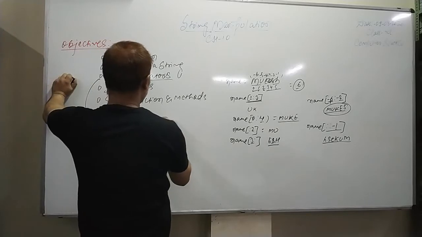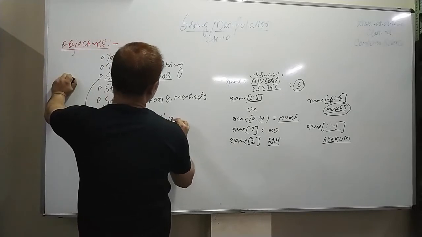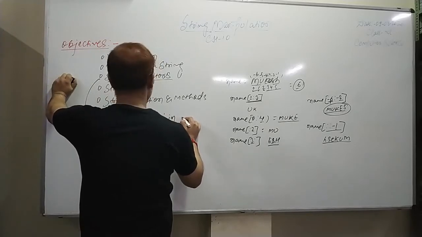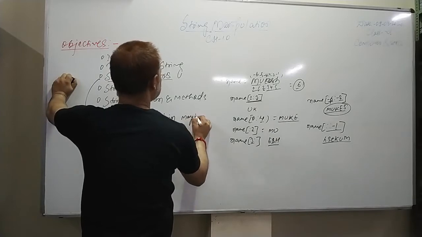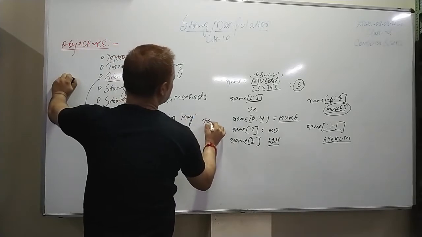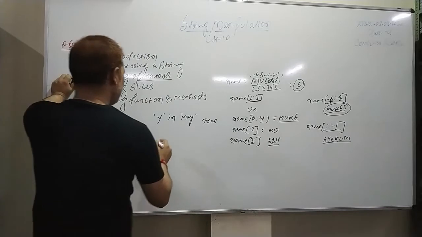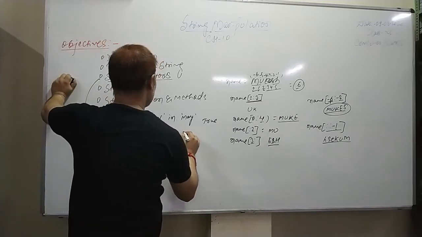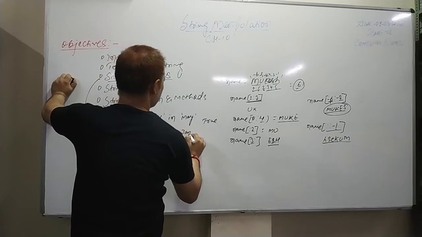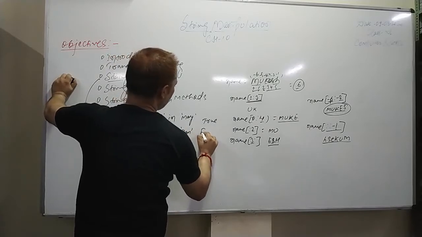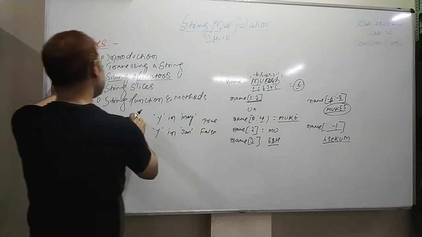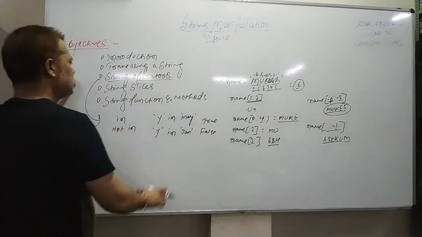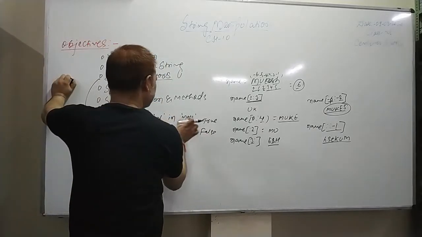If I say y in May, which is another string, the answer will be true. If I say y in Jan, now there is no y, so the answer will be false. So in is an operator which helps us to know whether that character is in that string or not.